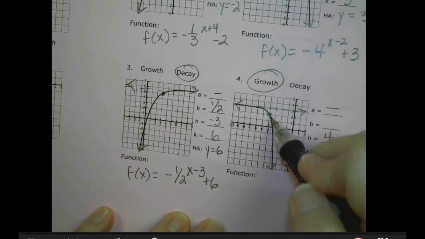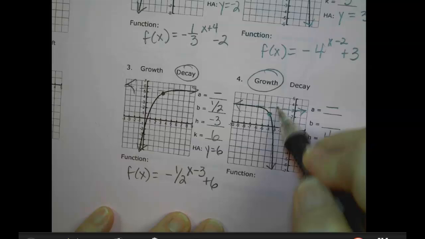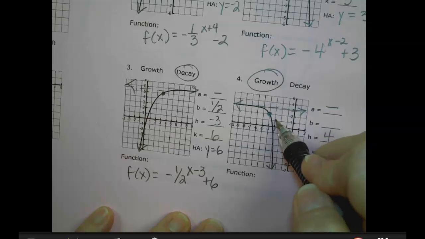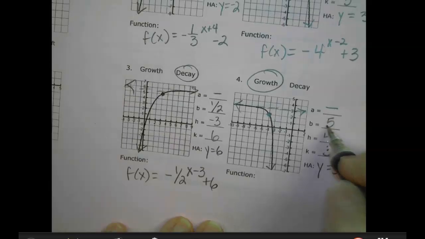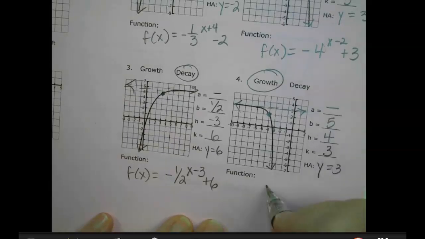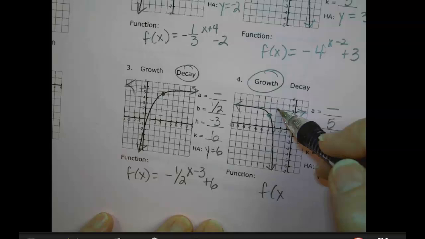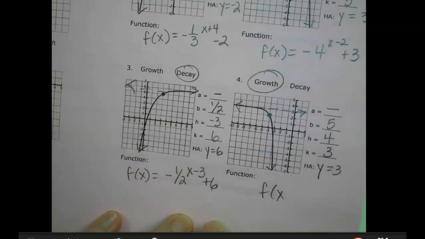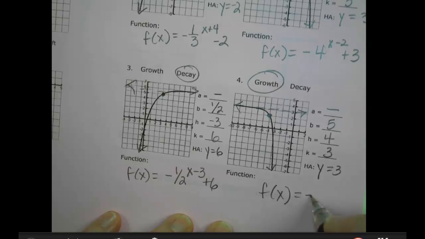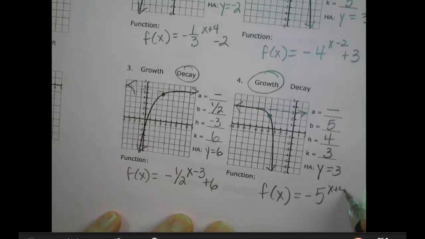And my base, I'm going to go up, back 1 and then count 1, 2, 3, 4, 5. So I'm going to get f of x. Let me count again. 1, 2, 3, 4. Yeah, it's 5. f(x) = -5^(x+4) + 3.